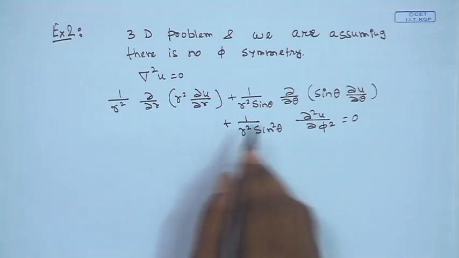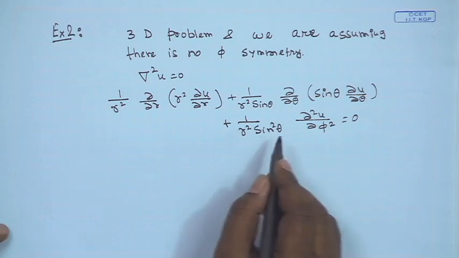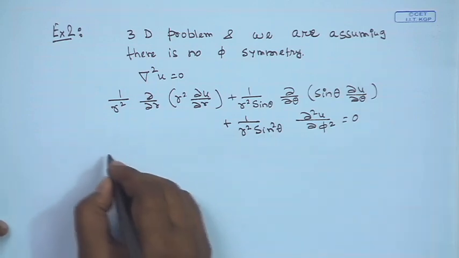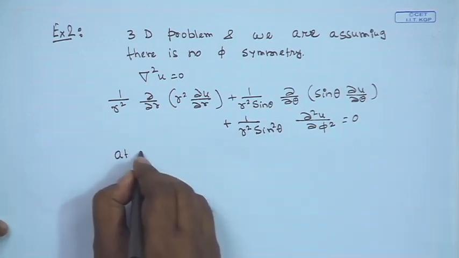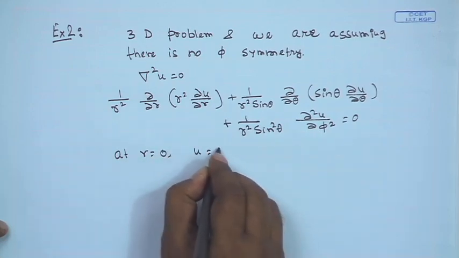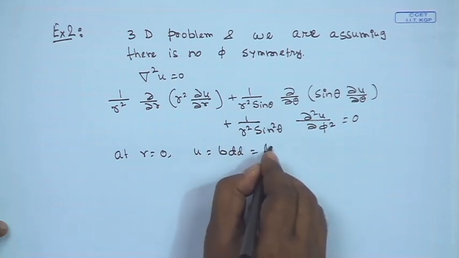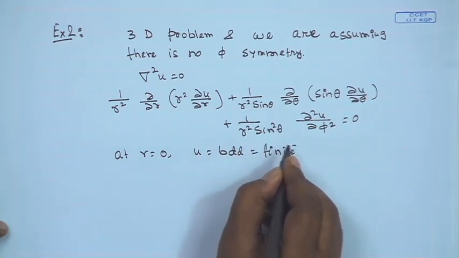So, this is a complete problem in a three-dimensional domain, and the boundary conditions are: at r equal to 0, u is equal to a finite value. So, this is bounded, it will assume a finite value.